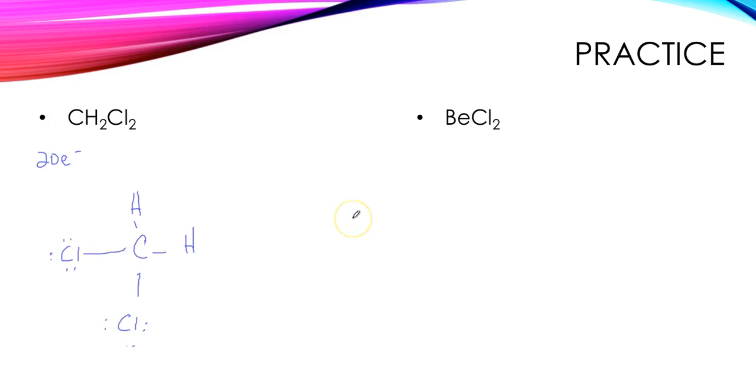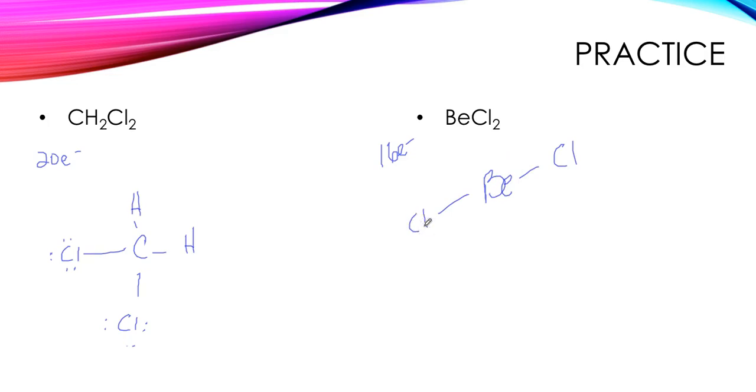Okay. And then on the other half of the slide, I have BeCl₂. Now, remember, beryllium compounds are often electron deficient. So let's draw this. With BeCl₂, I'm looking at a total of 16 electrons. That's 7 from each chlorine plus 2 from the beryllium. So I'm going to put beryllium as my central atom and draw the chlorines on either side.